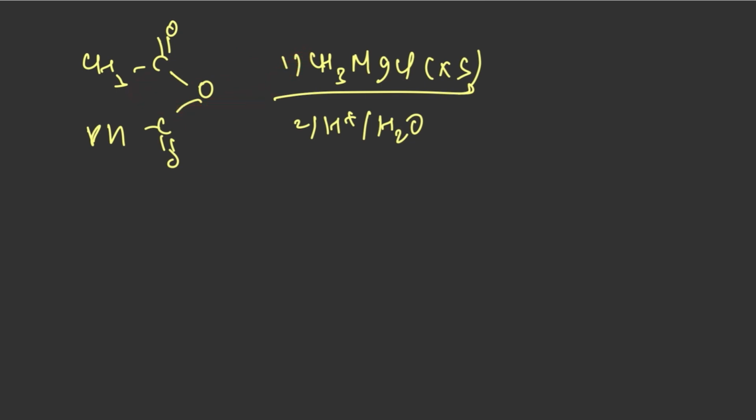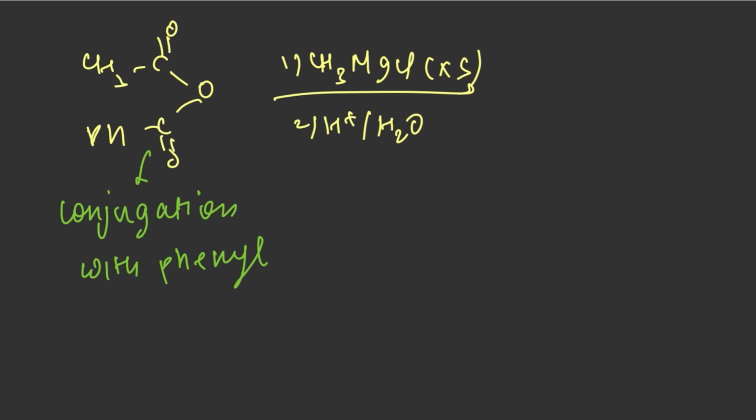It is going to attack on the methyl one, because on the phenyl one, this double bond is in resonance. This double bond is in conjugation with phenyl, so it will not attack over here.